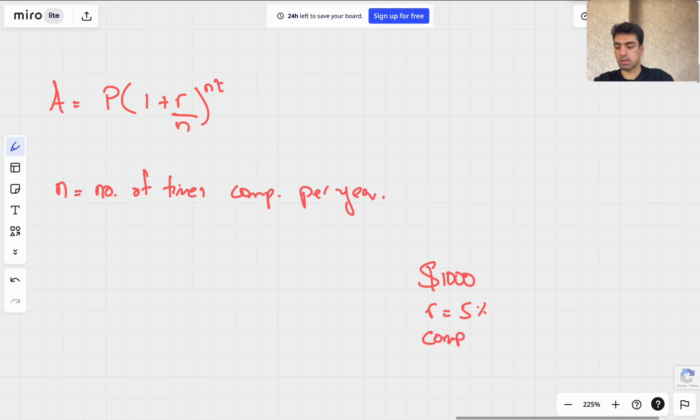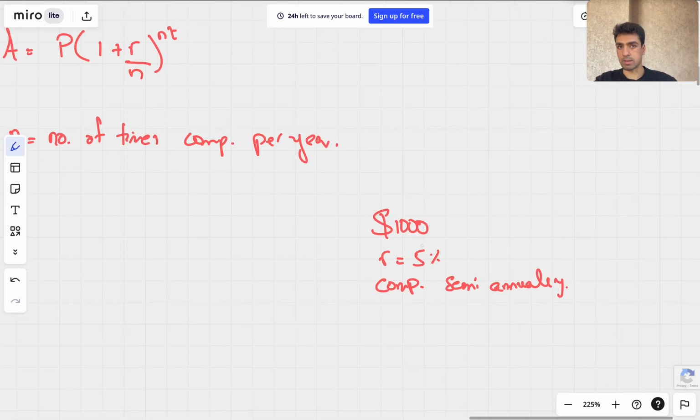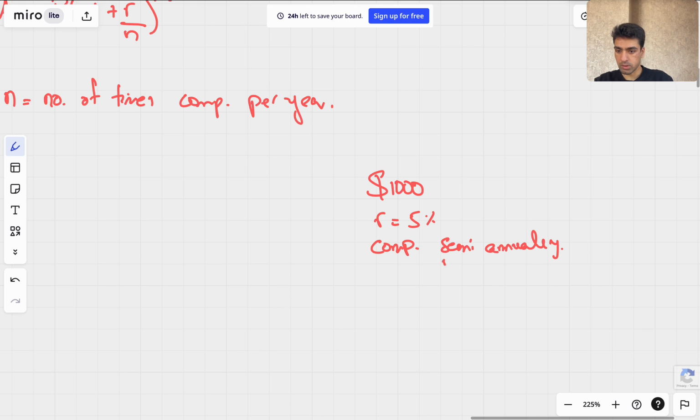It compounds, let's say, semi-annually. Semi means half a year, so semi-annually means every half a year, which means every 6 months. So what is N?